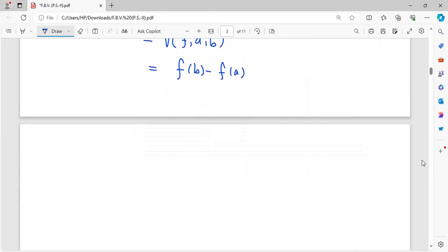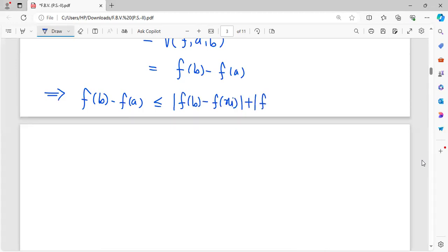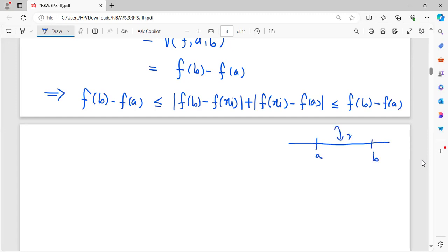So what we have actually, this implies f(b) minus f(a) is less than or equal to f(b) minus f(x_i) plus f(x_i) minus f(a). Okay, but a is here and b is here, and x_i is somewhere, for i equal to 1 to 2.